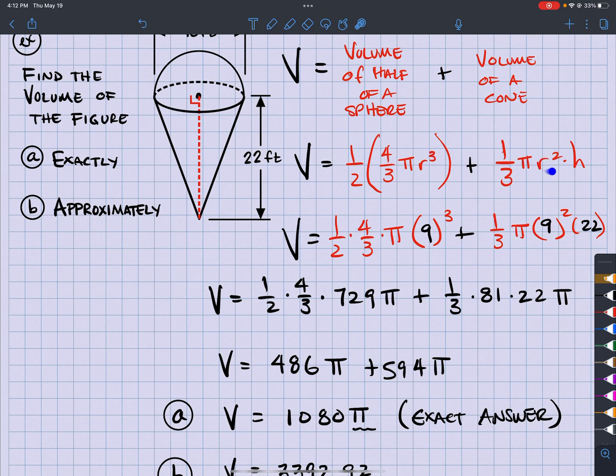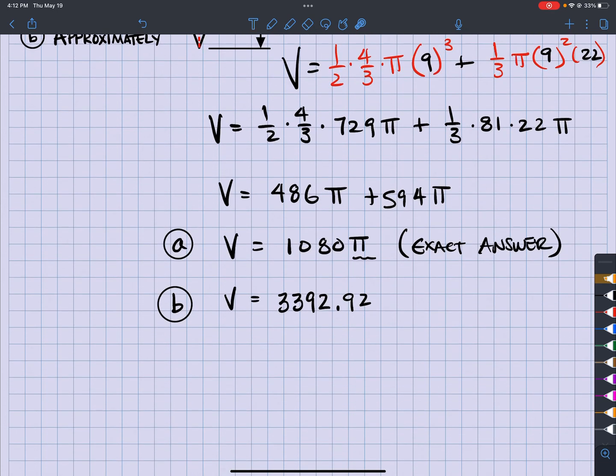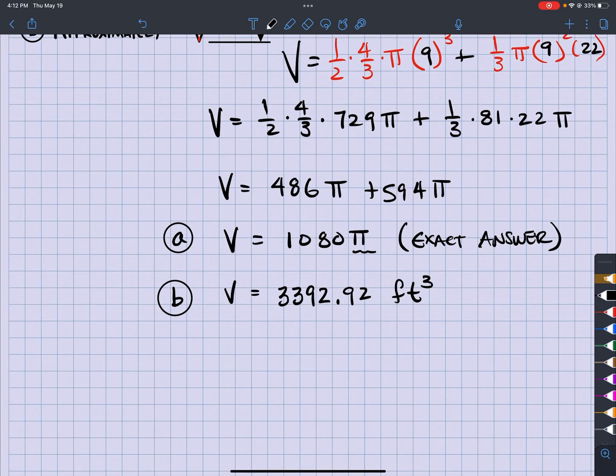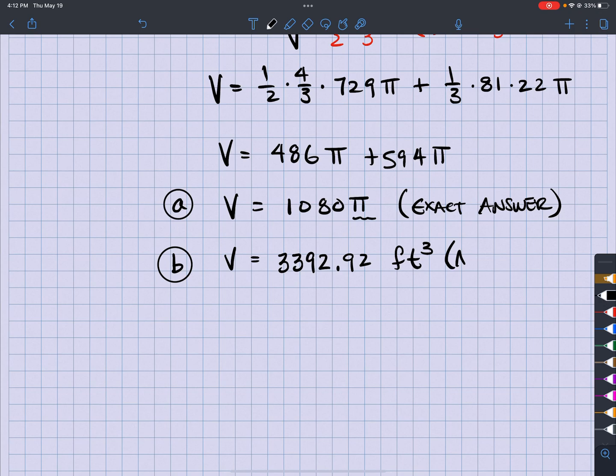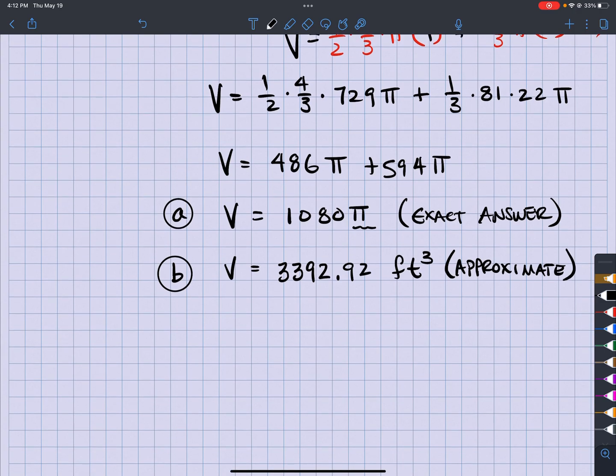This right here is feet times feet times feet, which is again feet cubed. So we got cubic feet here. So this would be the approximate answer, and part A would be the exact answer.